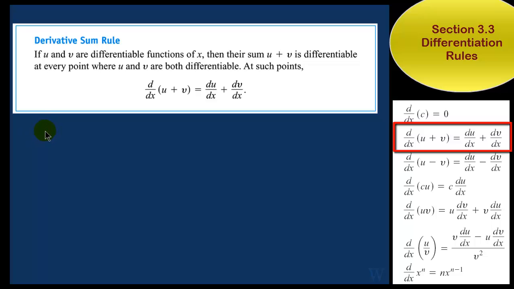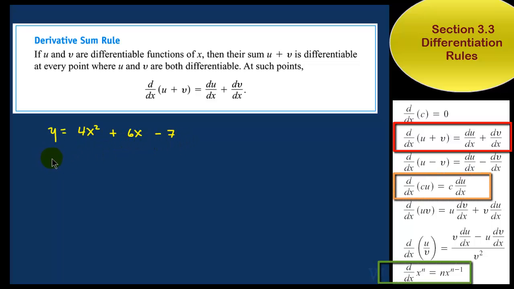Well, let me take a particular example. Say y is equal to 4x squared plus 6x minus 7. So this is a sum of a quadratic and a linear function.